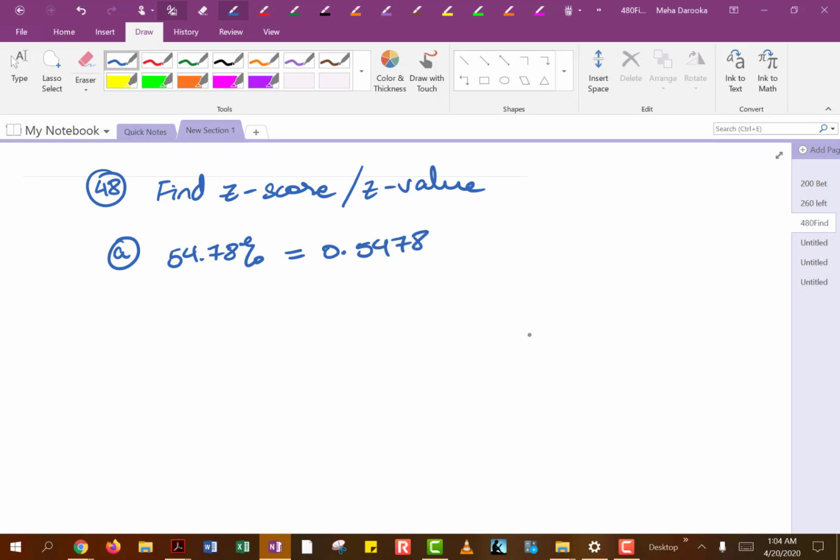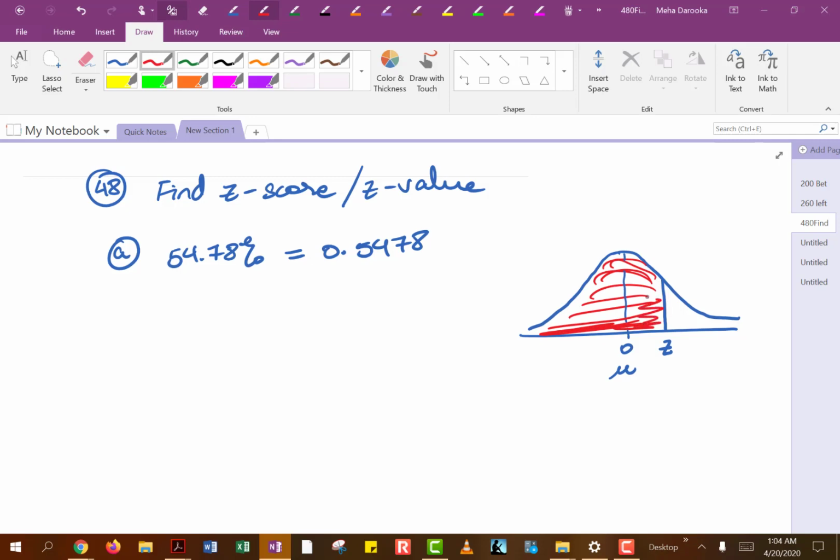So what they are basically saying, if this is our normal distribution, mean in the middle, you are finding the z-score which is going to be to the right of the mean such that the area that lies to the left of this z-value, so all of this here, all the way till the tail, all of this area is going to be 54.78%, or basically 0.5478.